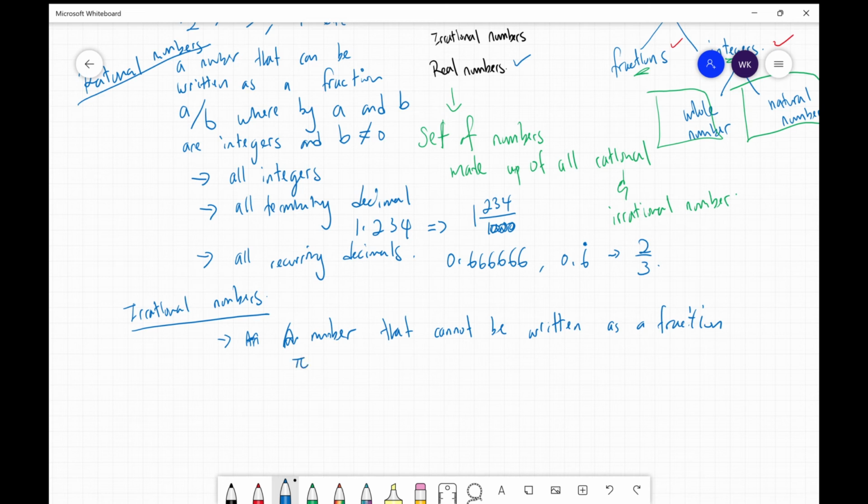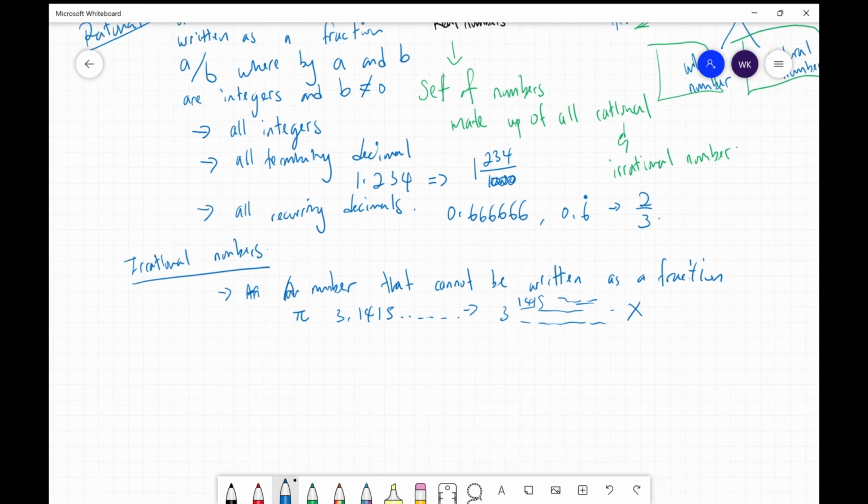Pi is 3.1415, like it goes to infinity, like the decimal goes on never ending. So you can never really write it as a decimal. This will go on forever. So you can't make it a fraction. So it's considered an irrational number.